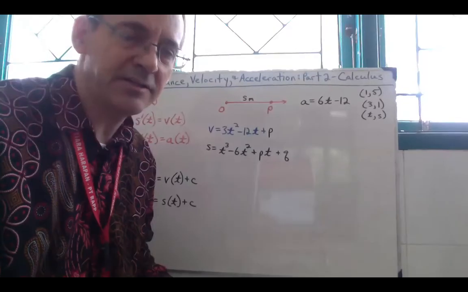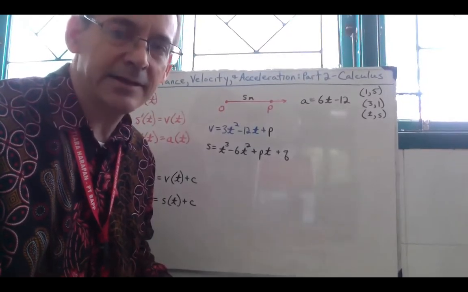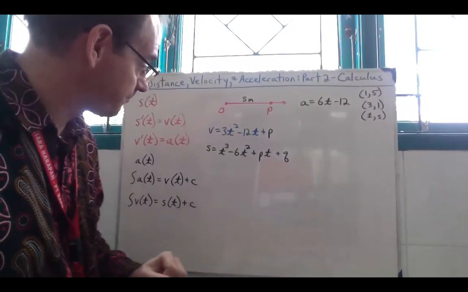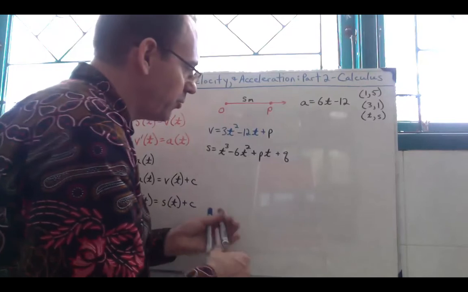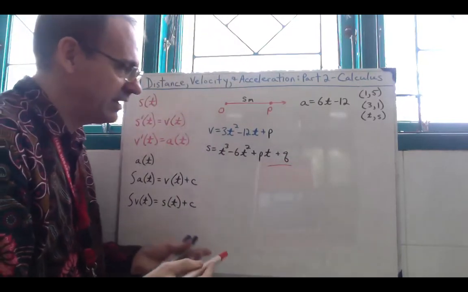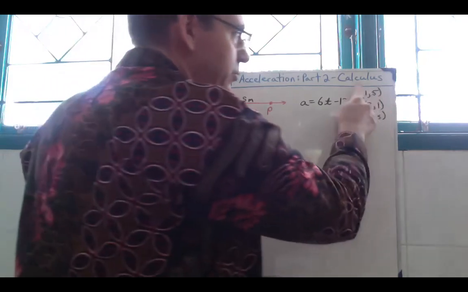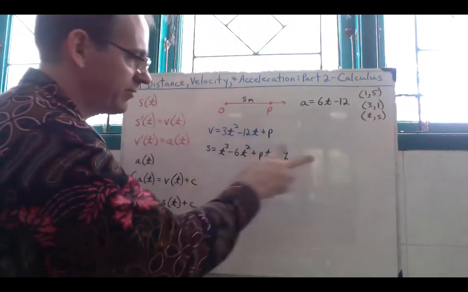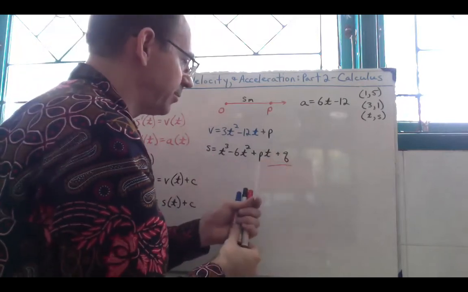So we're able to get that to work, and now we need to find the p and the q. So we've shown this function. Now we need to find p and q. That's what these two are for. This is s and t, and we've got two of them for our two variables.